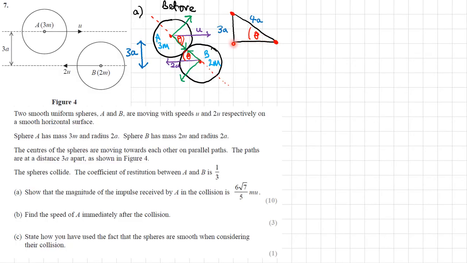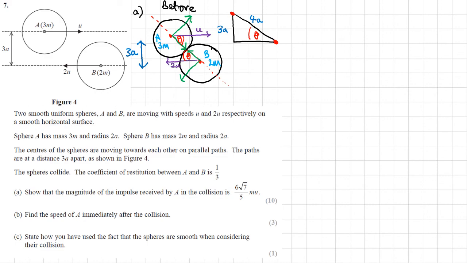I can then use Pythagoras to work out the length of this side in terms of a. That will be the square root of 4a all squared minus 3a all squared, or 16a squared minus 9a squared, which gives 7a squared.